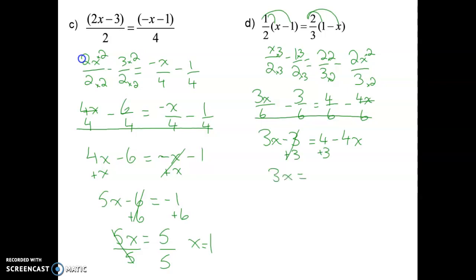I get 3x equals 7 minus 4x. Then I'm going to add 4x to both sides to make that a zero pair, and 7x equals 7. The inverse of multiplying by 7 is dividing by 7, so x is equal to 7 over 7, which is equal to 1.